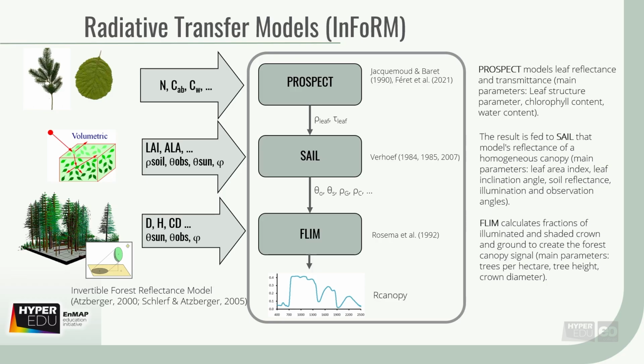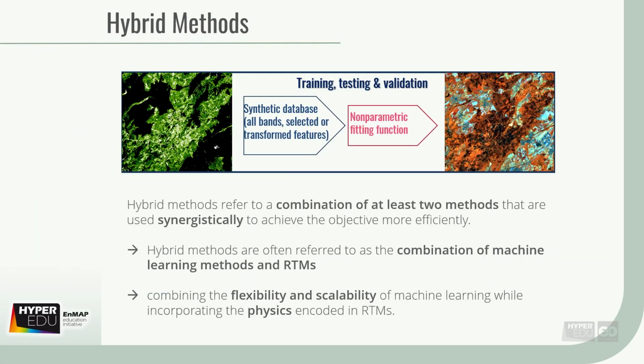Model inversion is needed to derive parameters from measured spectra. The most common inversion strategies are numerical optimization, lookup tables, and neural networks. You can learn more about them in the material provided. Finally, hybrid methods refer to a combination of at least two methods that are used synergistically to achieve the objective more efficiently.